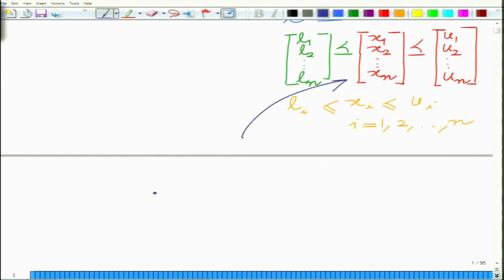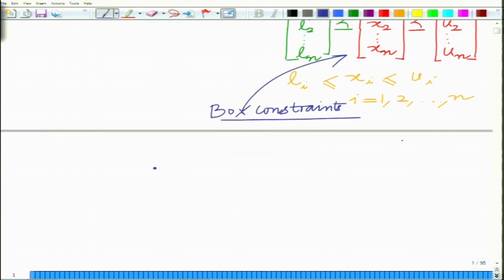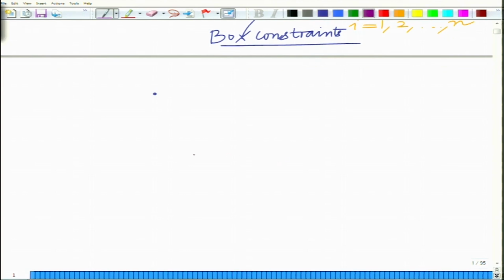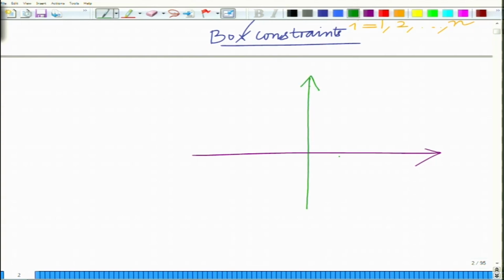These constraints, in fact a set of 2n constraints, are known as box constraints, because if you look at the 2-dimensional scenario, that is, a 2D plane with x1 and x2, this means that x1 is less than or equal to u1 and x1 is greater than or equal to l1, and for the same matter x2 is less than or equal to u2 and x2 is greater than or equal to l2.